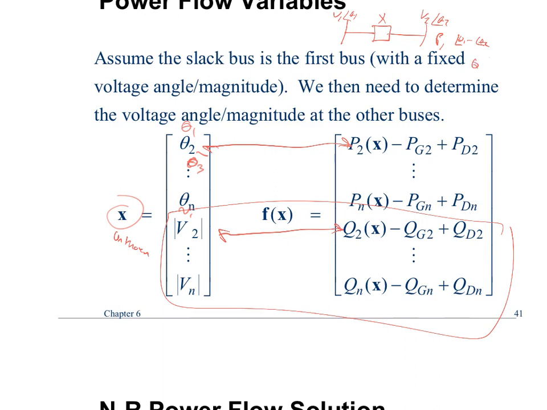Q is going to flow from V1 to V2 because it has a higher magnitude. So real power flows by the angle. Reactive power flows by the magnitude. Does that clarify?